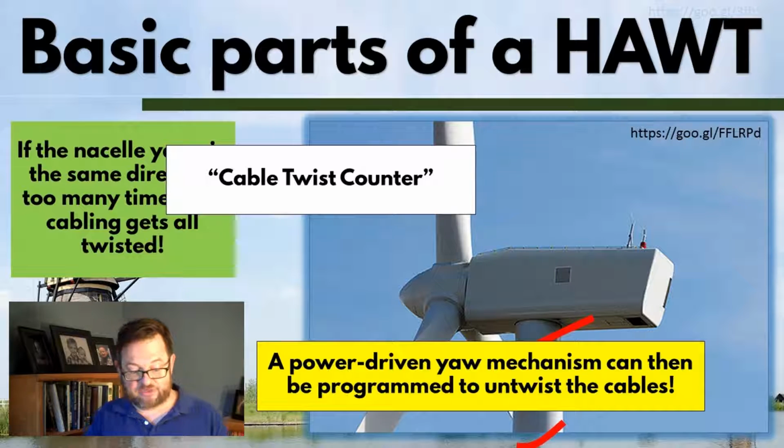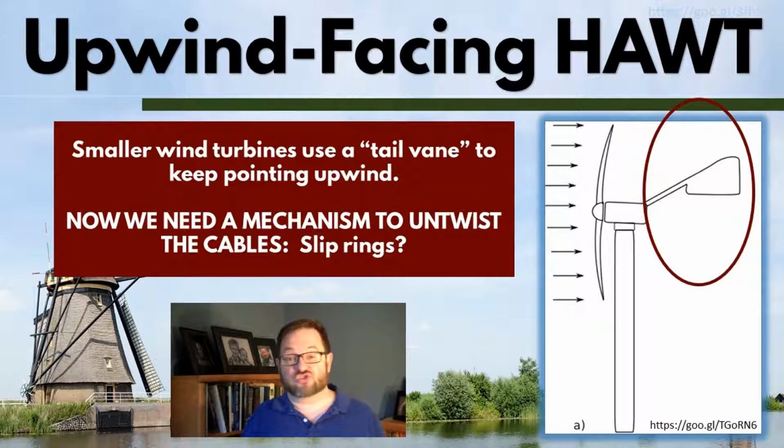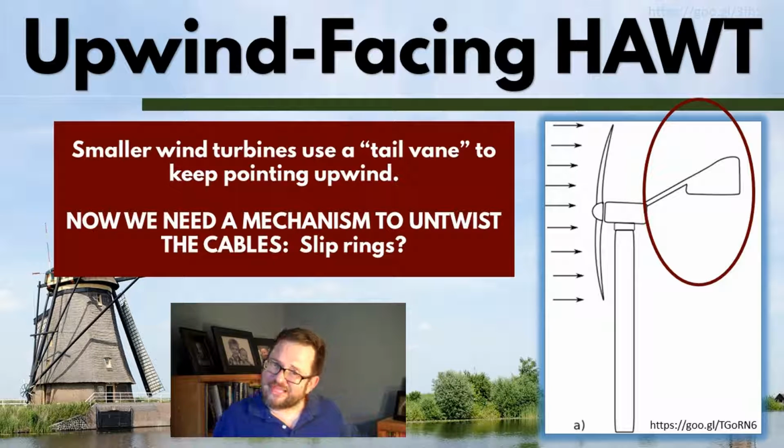If I have active yaw control. If I have passive, I've got a bigger problem, okay? Now it's going to require a crew to come in here and actually detach the cables, untangle them, and put them back up. Does it happen? Well, yes. In general, does it happen? That's a harder question.